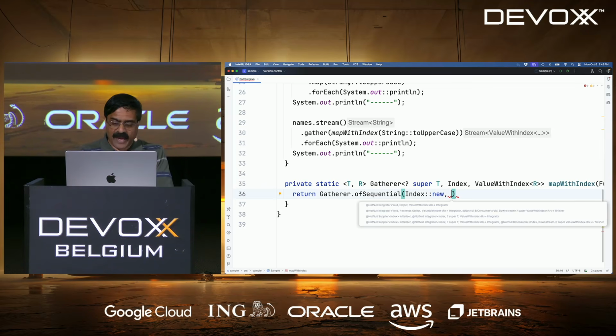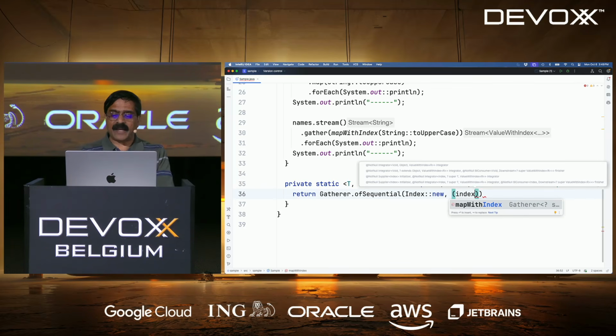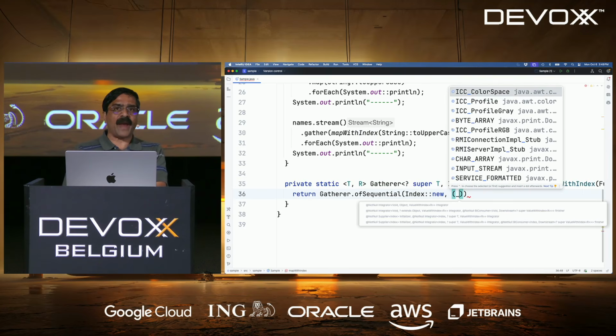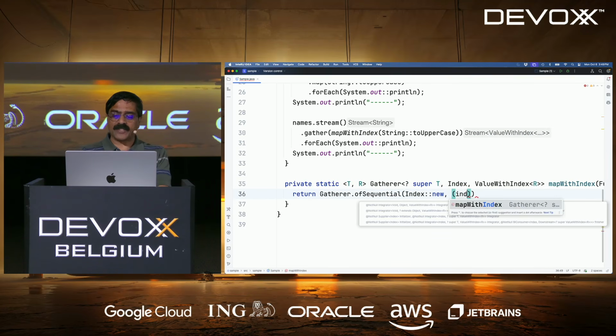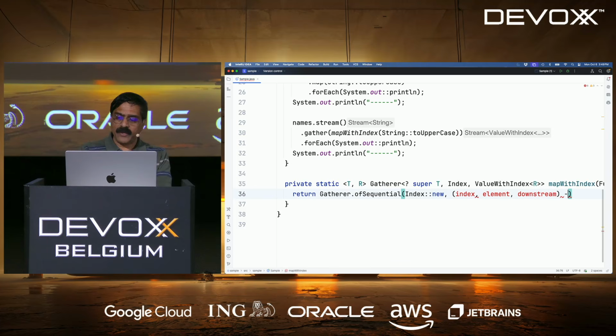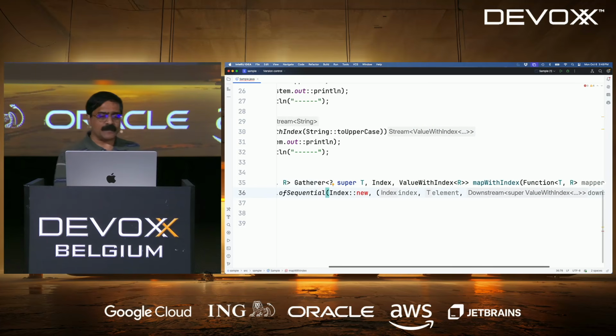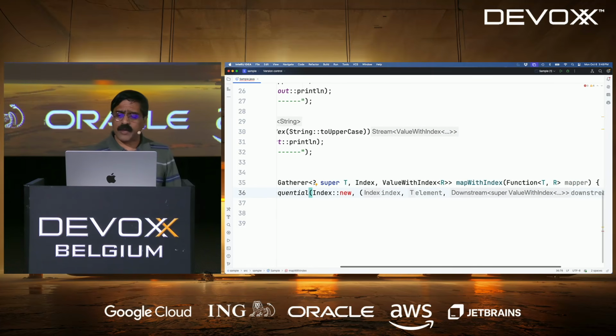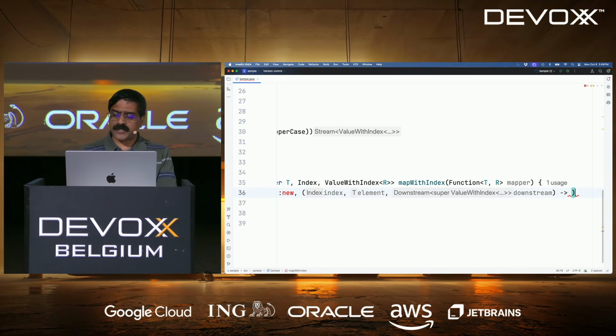Then you're going to say, I have a state which is index. Remember, we used an underscore in the past. Now we do care about the state, so index, element and then downstream are the 3 values you're going to be using. So that is your ofSequential that's going to produce that data.